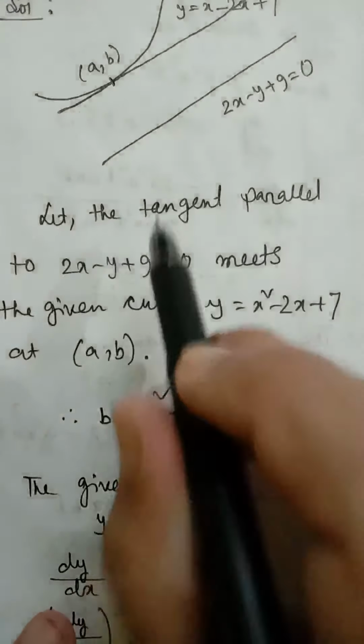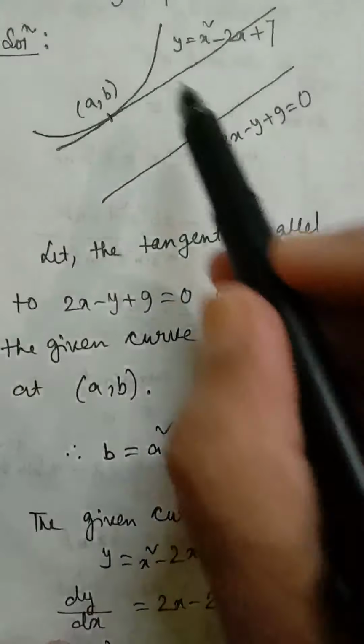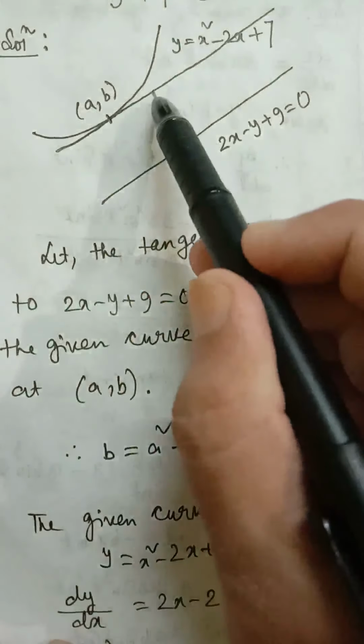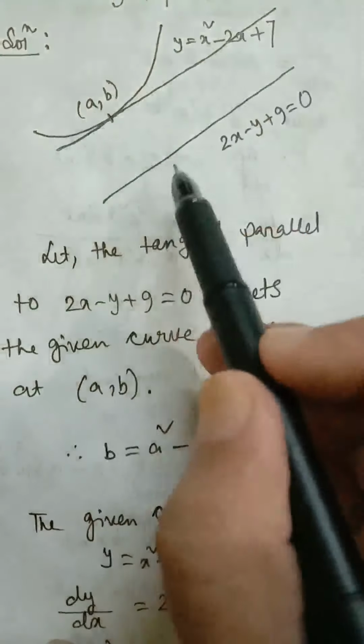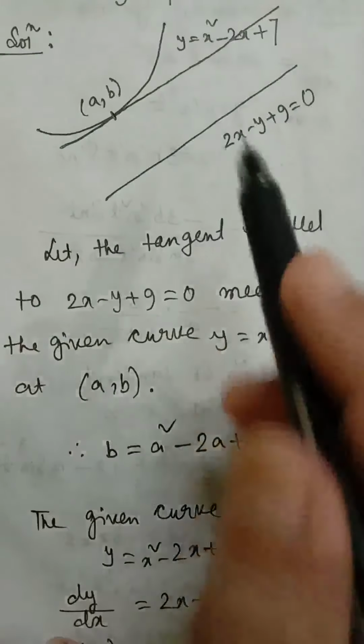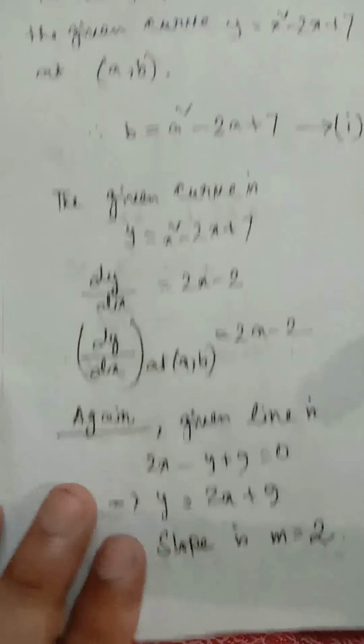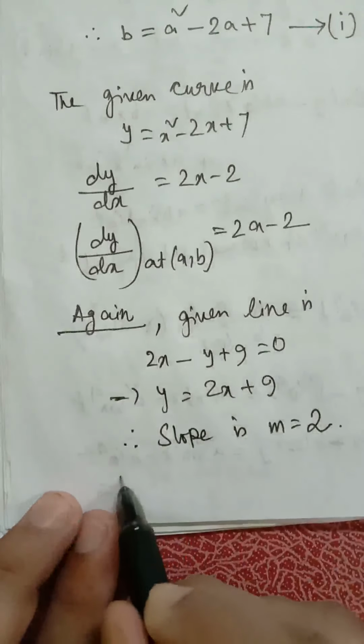Now the slope of the tangent is dy by dx at (a, b), and the slope of the given line is 2. As these two lines are parallel, their slopes will be equal.